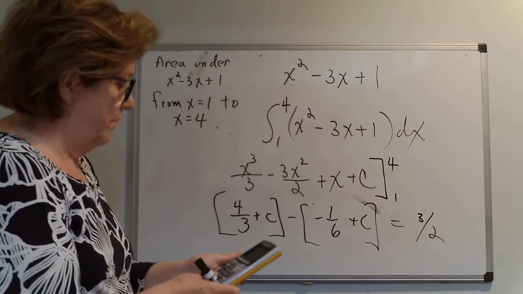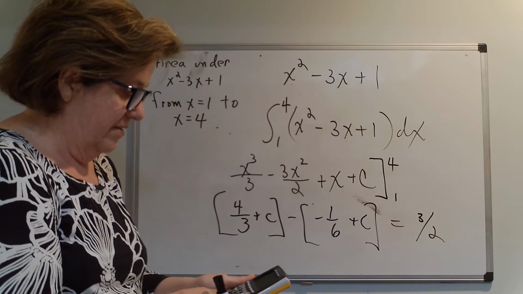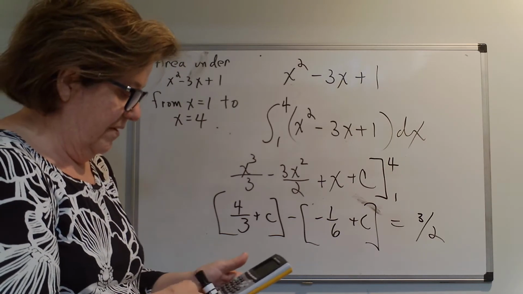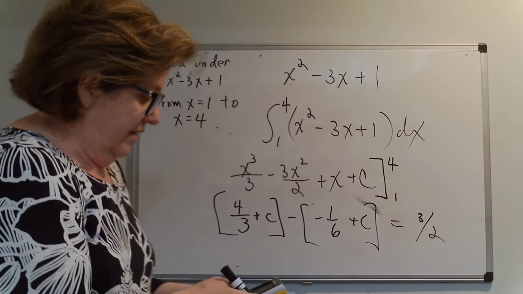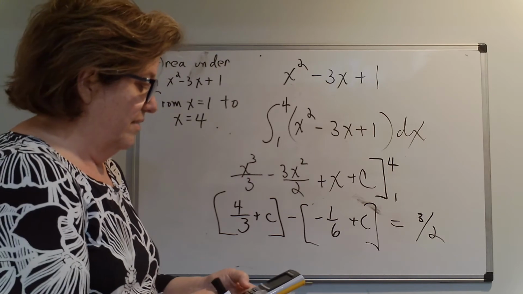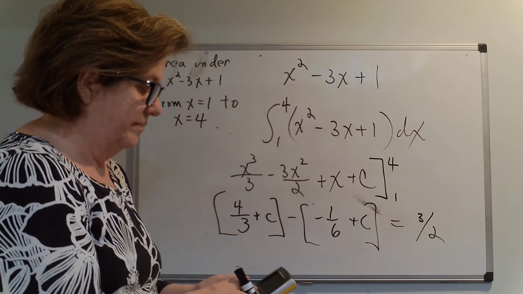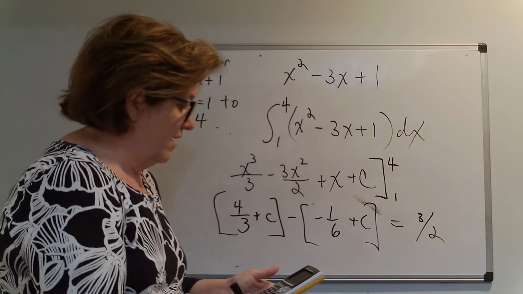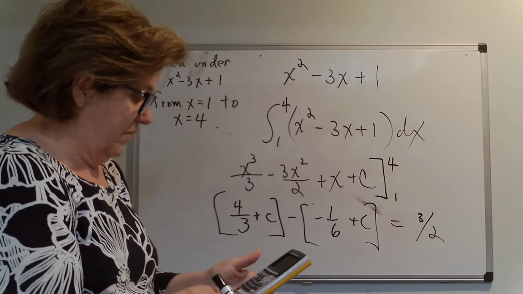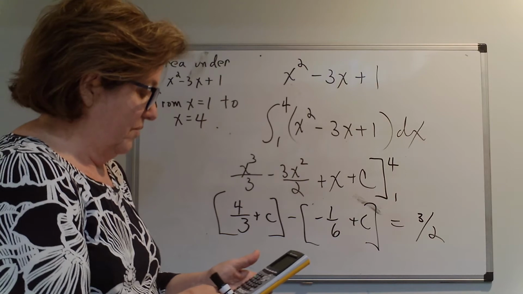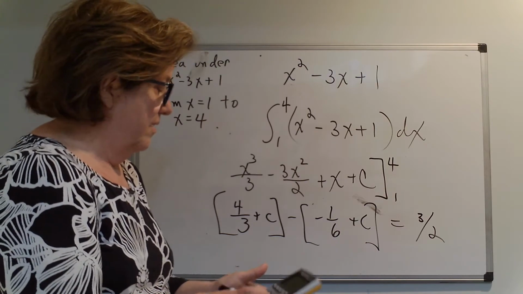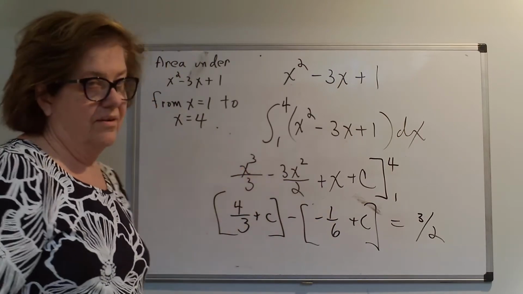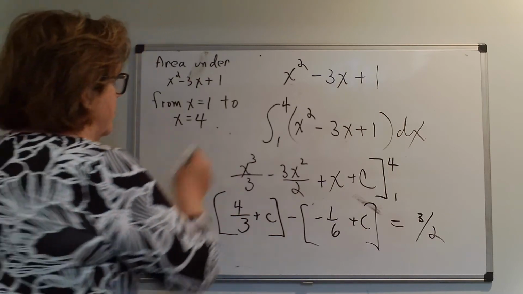If you put in the original function, which is x squared minus 3x plus 1, and you look at second calc and go to 7, which looks like an integral, and you put the lower limit to be 1 and the upper limit to be 4, you will get 1.5, and it'll even shade in exactly the area under the curve.